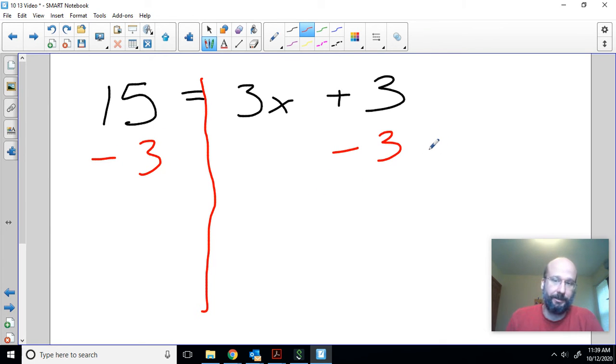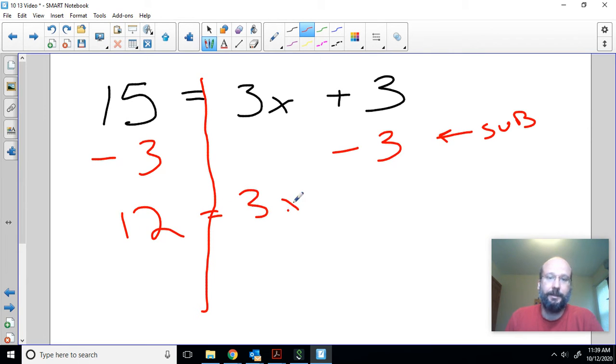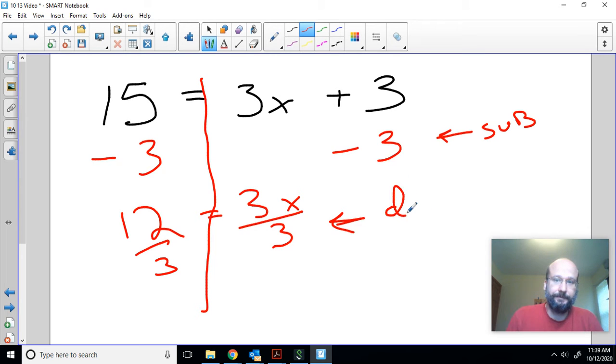What property is this called? What's the next step? What property is this called? What's our answer? X equals 4.